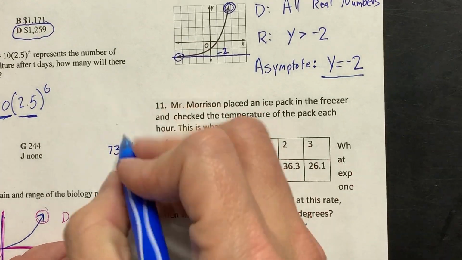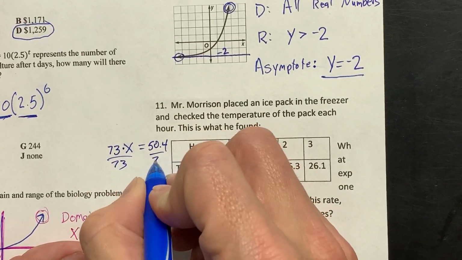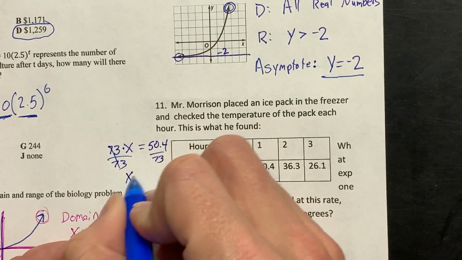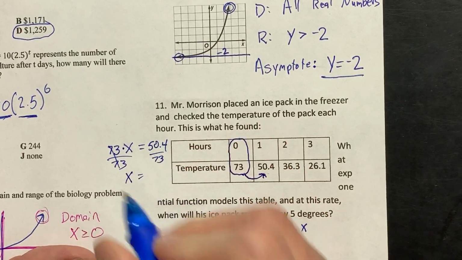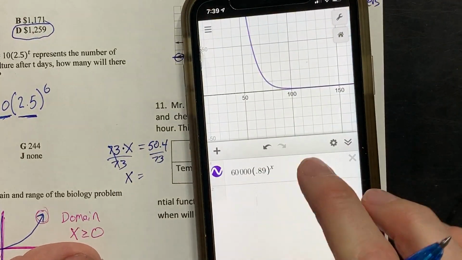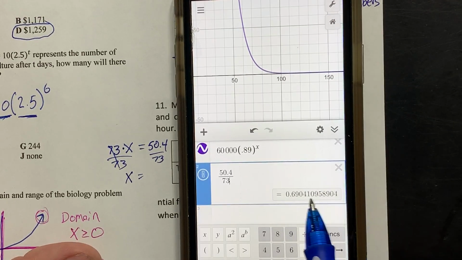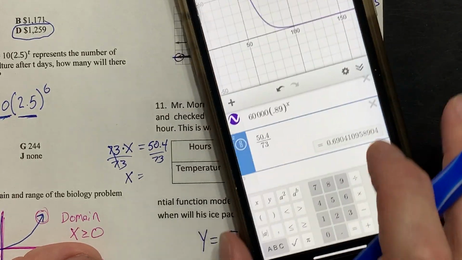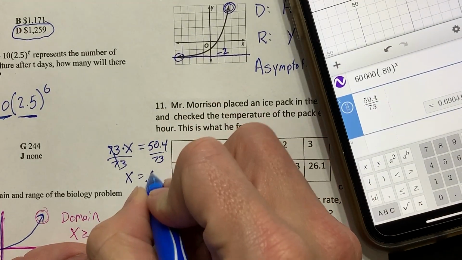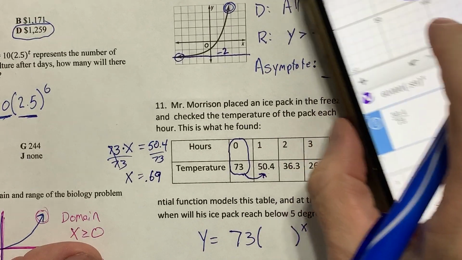I can solve for x there. Divide by 73. And the x, that multiplier, is going to equal whatever 50.4 divided by 73 is, which it looks like is 0.69. So that's my growth rate, 0.69.